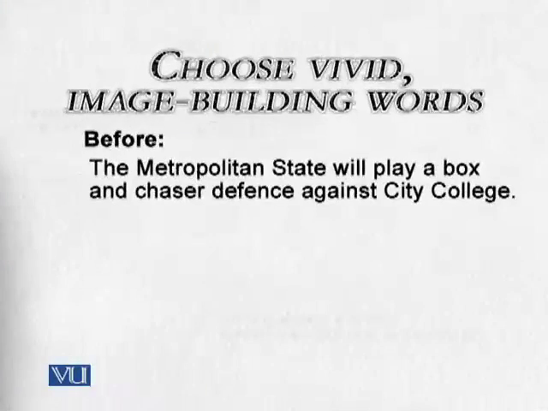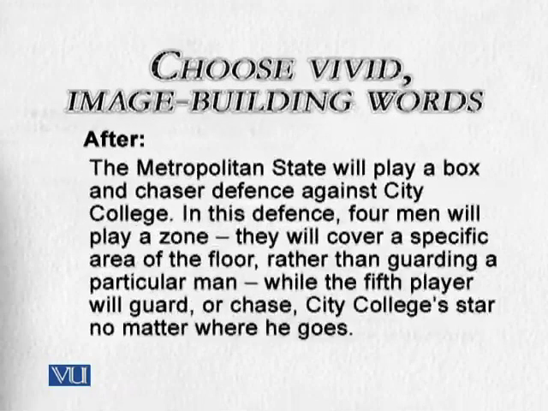So this can be rewritten this way. The metropolitan state will play a box and chaser defense. Now, you would see this box and chaser thing explained for the meanings. In this defense, 4 men will play a zone. They will cover a specific area of the floor rather than guarding a particular man, while the 5th player will guard or chase City College star no matter where he goes.